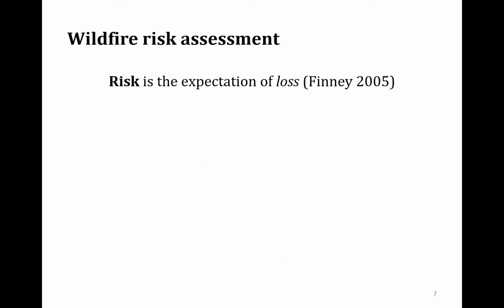Then we implemented the risk assessment framework. This is the classic risk assessment framework by Mark Finney, where risk is the expectation of loss or benefit by definition, but the fire is not going to provide a benefit, so we just consider the loss. The units are number of structures lost per year.